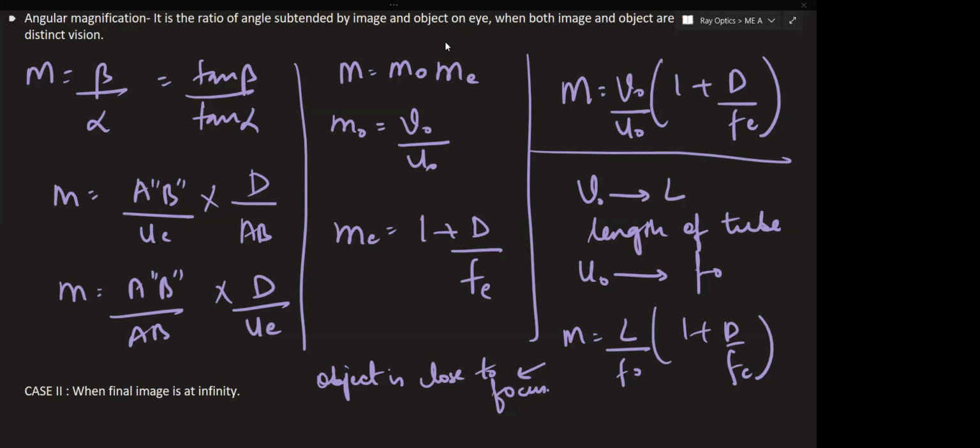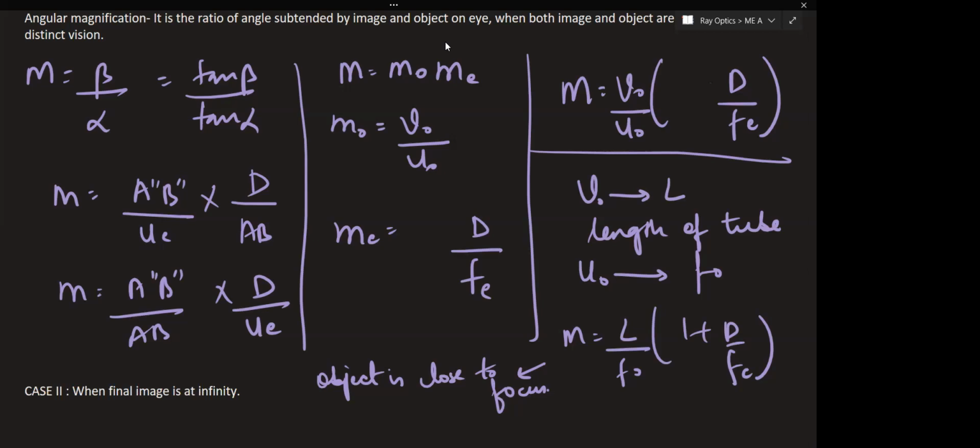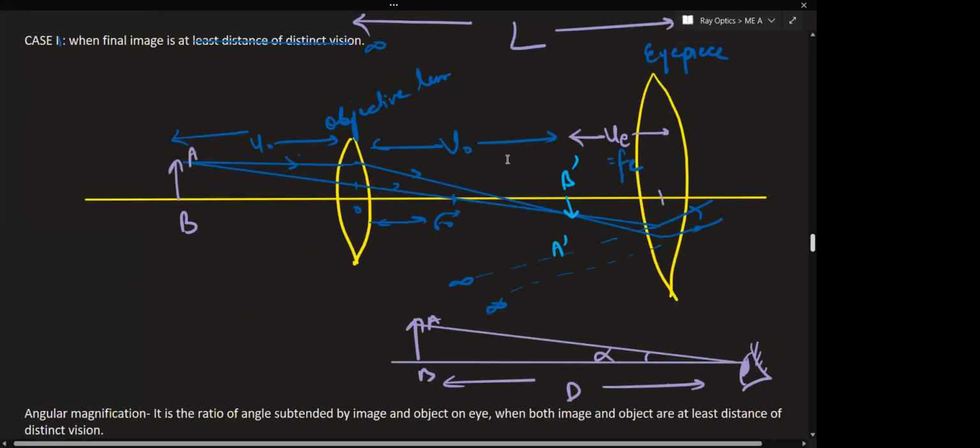But for the final image, we have just D by Fe. So here also, you will just have M equal to V naught by U naught into D by Fe. Rest of it will be as it is. All right. Note this down quickly as the second part and text me done when you have completed.